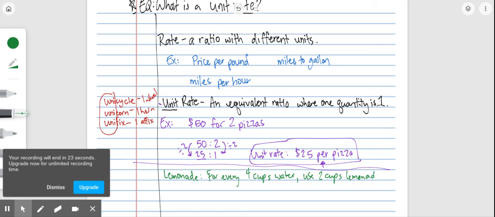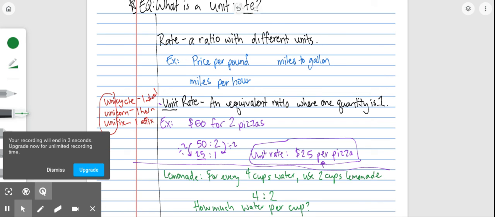So right here, we have a ratio of 4 to 2. That's my ratio. I want to figure out how much water per cup. And we'll solve this in the next video.